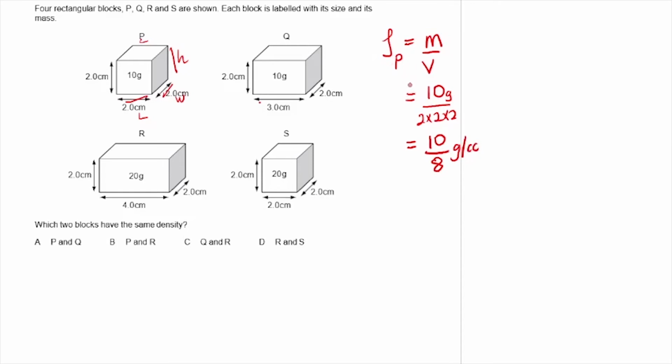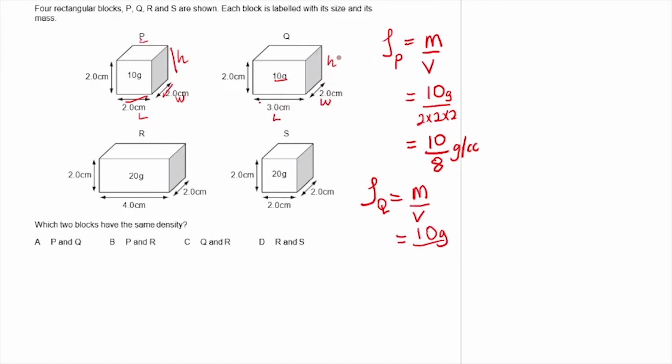So let's look at the density of Q. The density of Q, still again, is given by mass over volume. The mass of this is 10 grams again. Divide that by the volume. We have the length, the width, and the height.